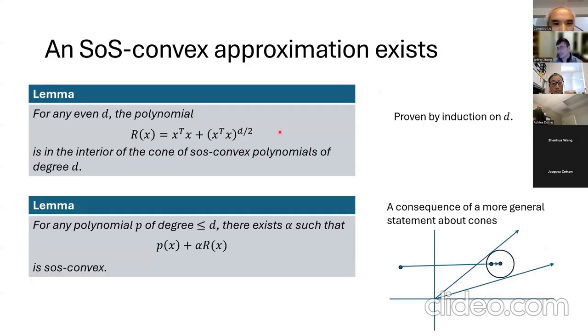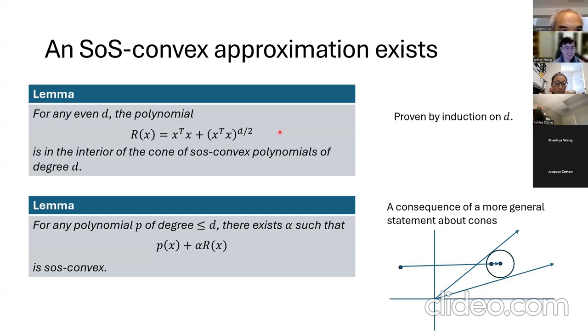So, just showing that the SOS convex approximation exists. Essentially, the idea is you have this convex regularizer, and you need to argue that if you added a big enough regularizer, then eventually it would be SOS convex.